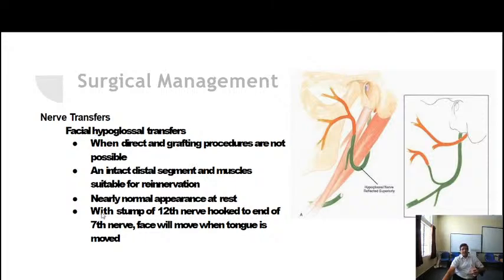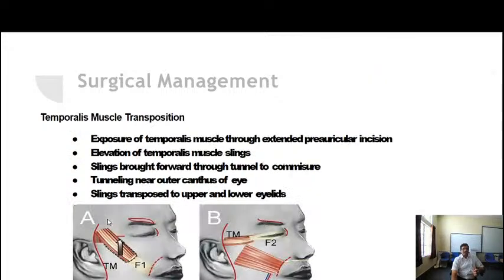Then you have nerve transfers, like the facial hypoglossal transfers. Okay, and then you have the surgical management. The temporalis muscle is split, and part of the muscle is introduced into the upper and lower eyelids, then to the angle of the mouth.